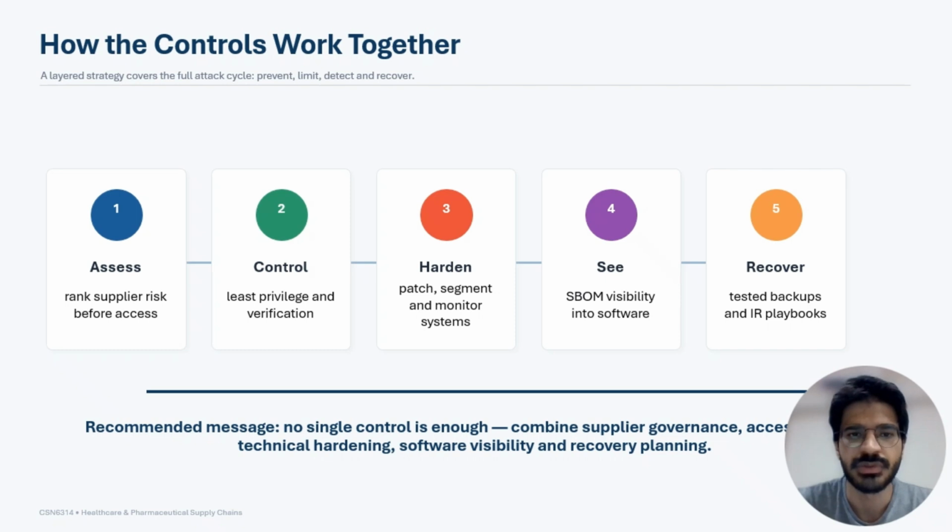How the controls work together. These 5 measures are strongest when they are applied together as one layered strategy. So, first, the organization should assess its suppliers before giving them access. This means ranking vendors based on their risk level, especially if they handle sensitive data, production systems, or logistics platforms.